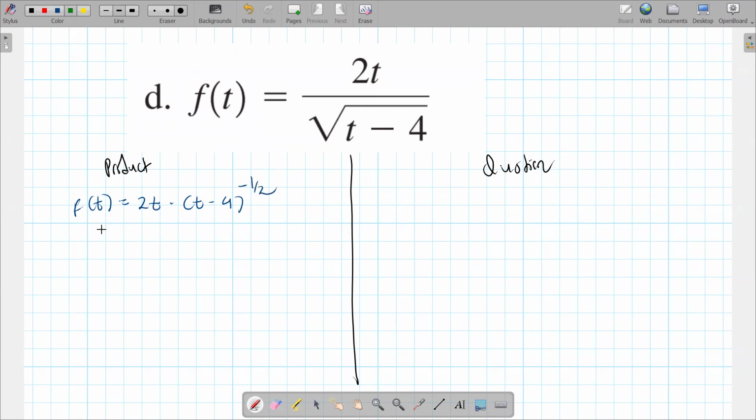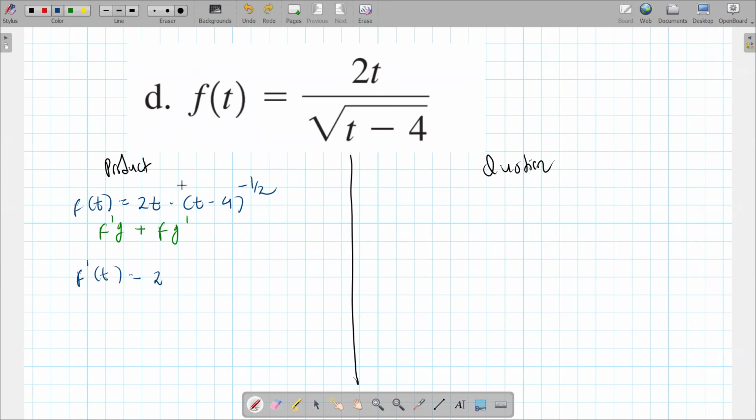So what does product rule say? Product rule says f prime g plus f g prime. So the derivative would be f prime, so that's 2, because this is f and this is g.